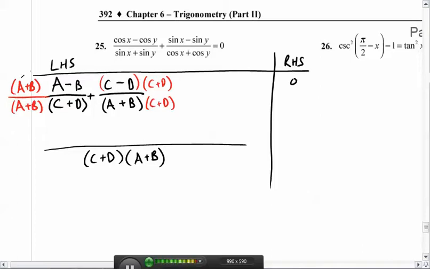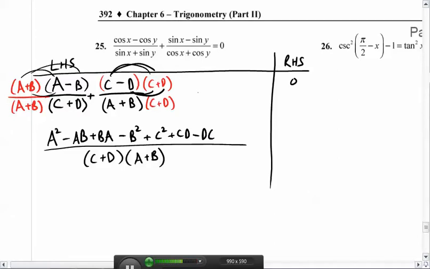So I'll FOIL out this expression. A times A is A squared, A times negative B, B times A is BA, and B times negative B is B squared. I'll do the same thing for this one. C times C, C times D, negative D times C, and negative D times D. Now luckily, AB and BA are the same thing, so we've got positive BA, negative AB, those cancel.